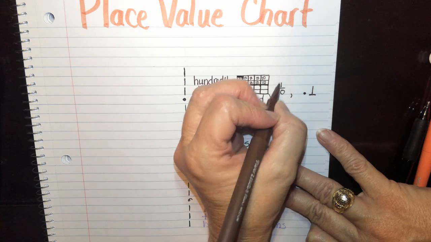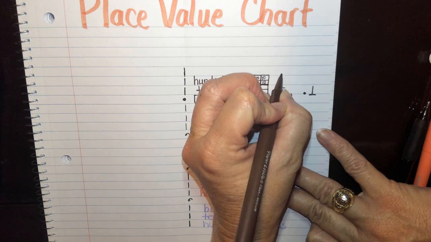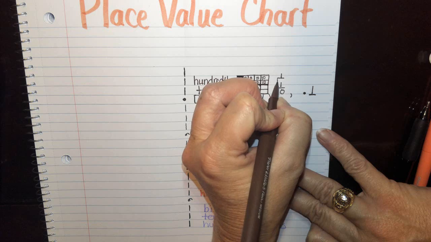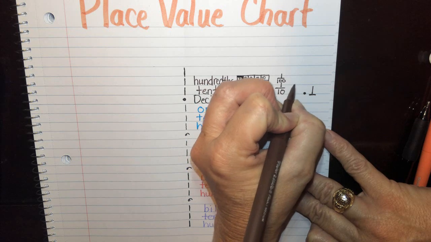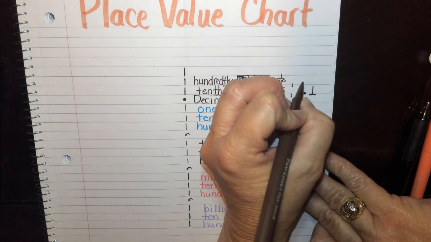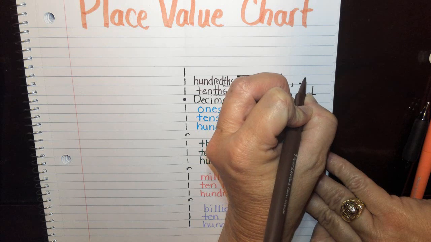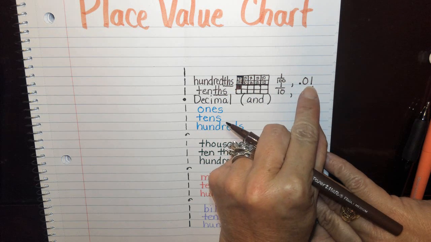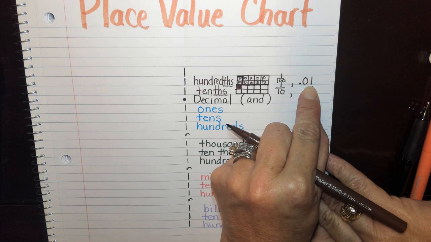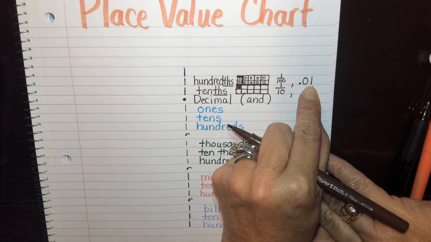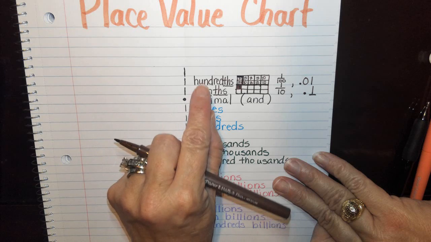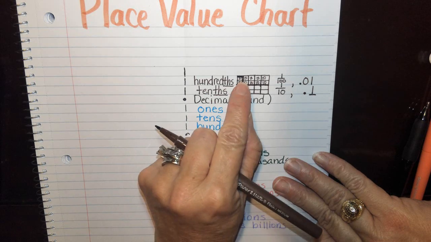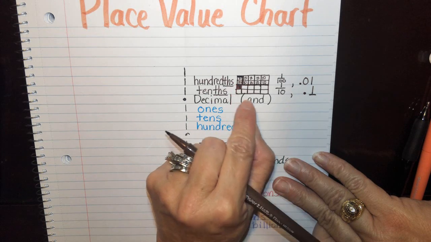1/100th of the whole piece. So to write that as a fraction, I would write 1/100. Or I could write decimal 0.01 because that 1 is in the hundredths place. And again, the farther we get away from the decimal, the smaller the piece.